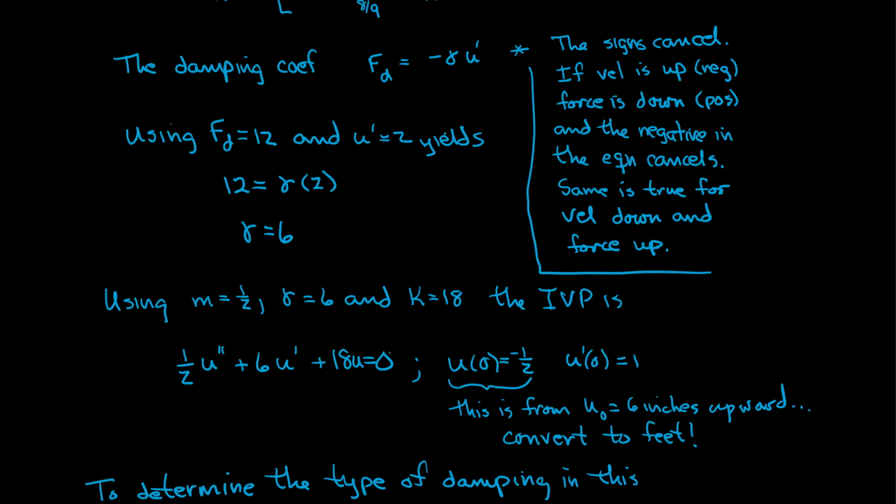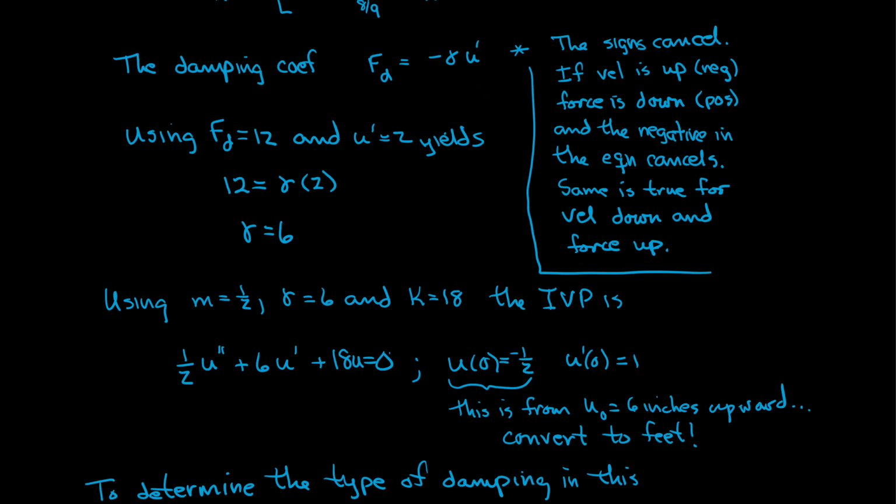The second thing that can happen is if the velocity is downward, if this is positive, the force is going to be exerted in an upward direction to offset that velocity downward, which means that our force from our damper is going to be upward, which is going to be negative.